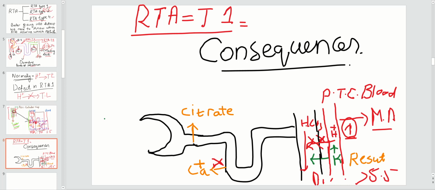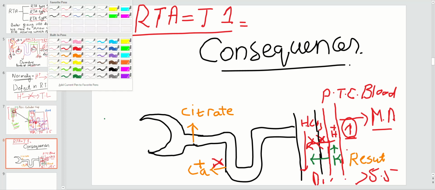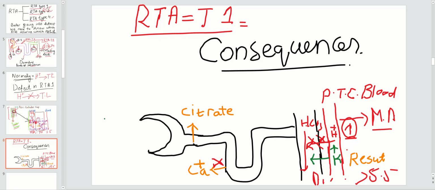When you are not secreting hydrogen into the tubular lumen, the compensatory mechanism is that you secrete potassium ion into the tubular lumen. So when you secrete potassium ion into the tubular lumen, back in the blood you have hypokalemia. Hypokalemia means decreased potassium in your blood. So alkaline urine, metabolic acidosis and hypokalemia.